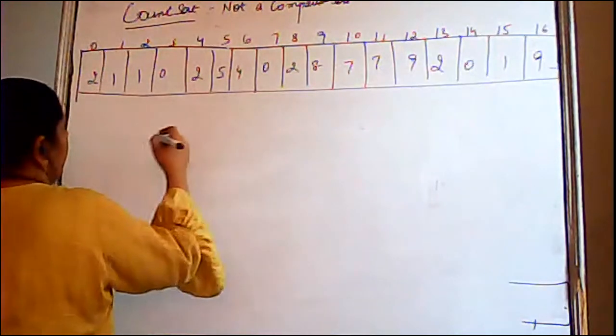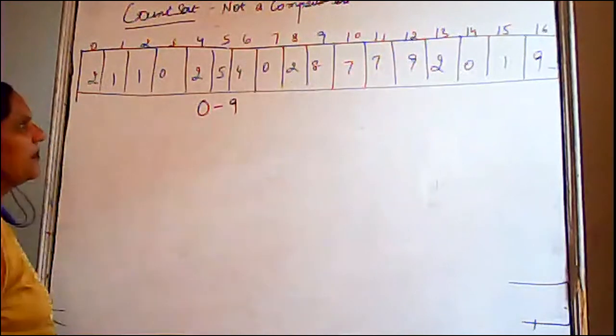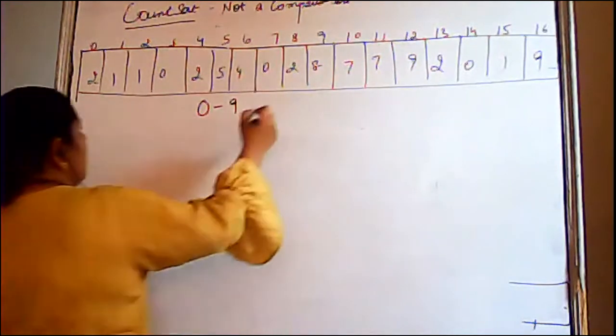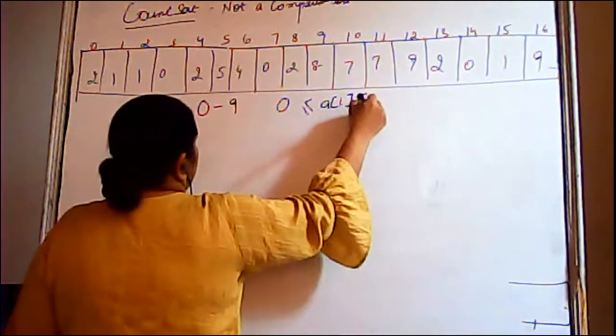Now you may see the range is between 0 and 9. Minimum number is 0, maximum number is 9. So our range will vary up to 9.